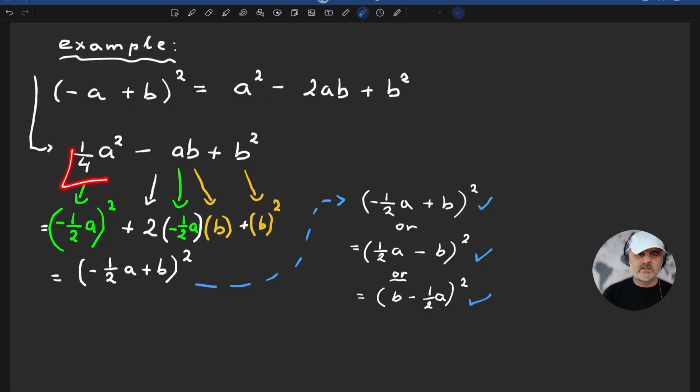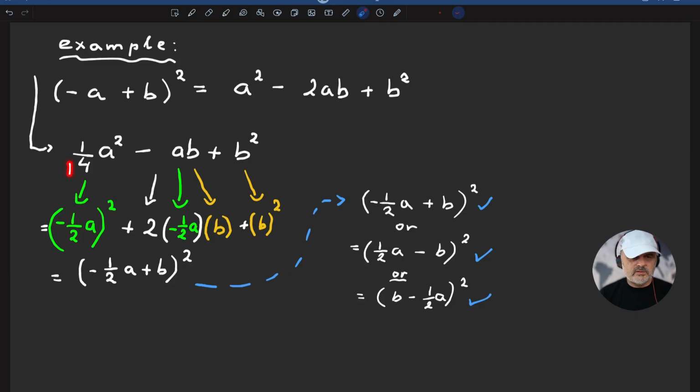So now we have 1/4 a squared minus ab plus b squared. We don't seem to have any coefficients other than -1. Since you have a minus sign, that leads you to the statement that you may end up having a minus b in general terms squared, right? So you convert it into a binomial with a difference.